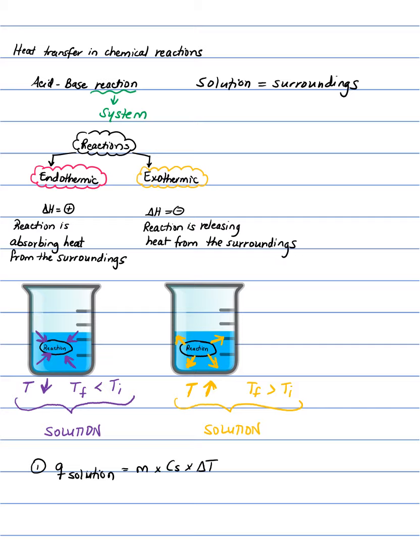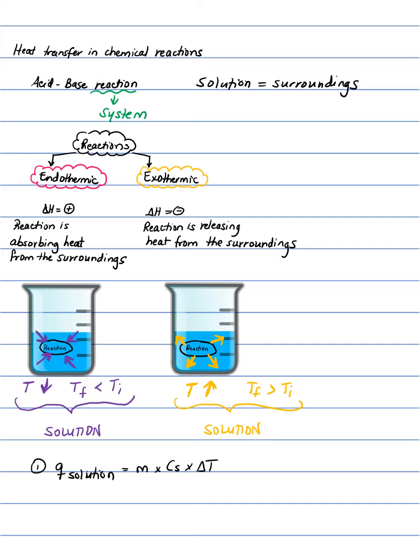So we can calculate the heat of a solution, if your solution is absorbing or releasing heat. If your solution is absorbing heat, that heat is coming from the reaction. If your solution is releasing heat, it's because your reaction is absorbing that heat. Remember, the heat is being transferred from point 1 to point 2.